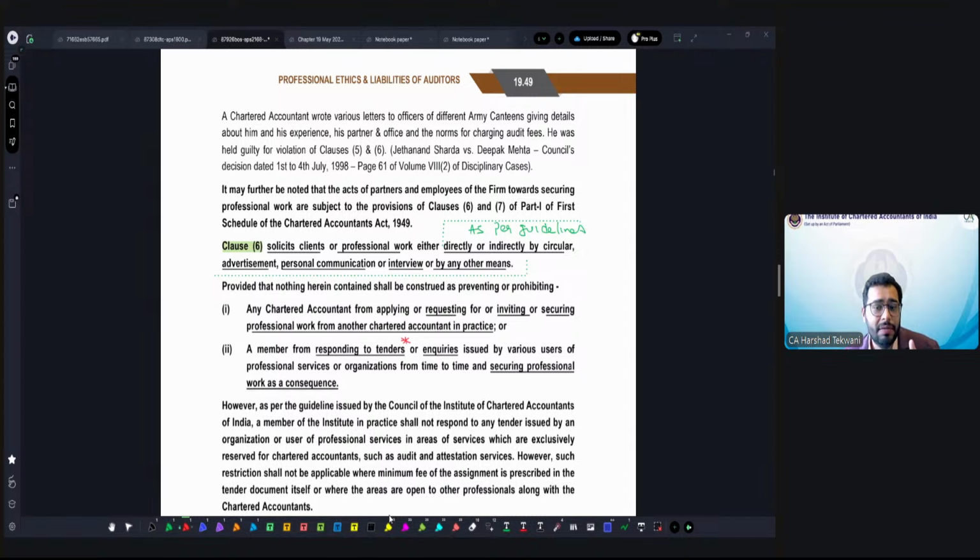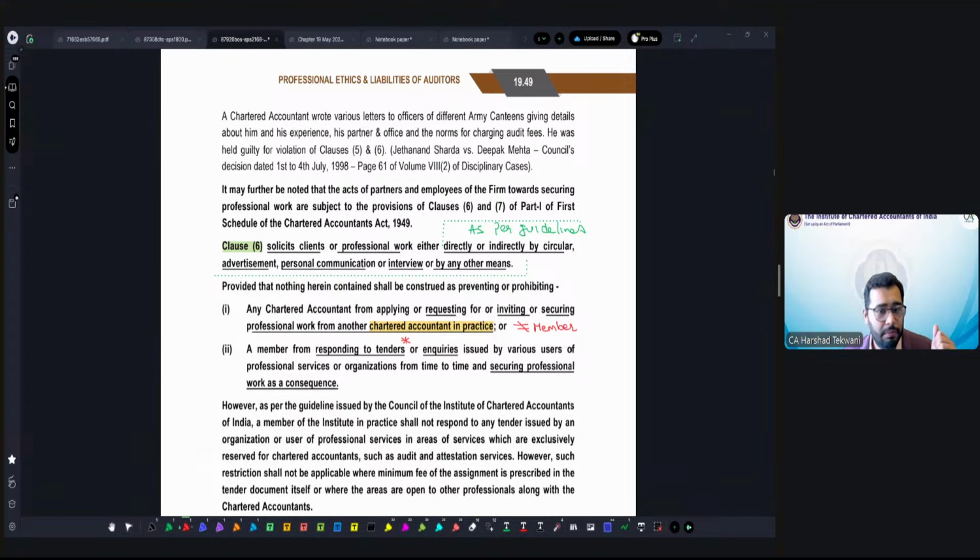We will discuss what conditions are applicable for the tenders. Another part here is that when I'm talking about securing, requesting, inviting professional work from another chartered accountant, I'm specifically saying it is a chartered accountant in practice, not a member. So do not again confuse with the member over here. It is the CA in practice I'm talking about.